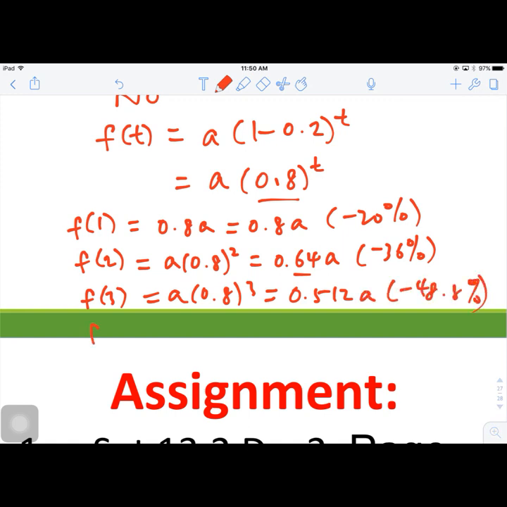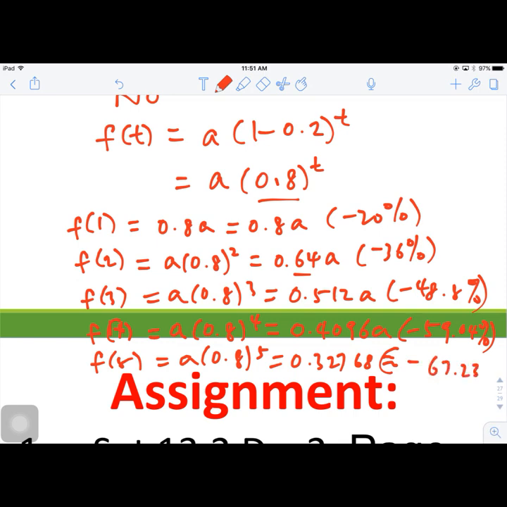And keep going, f of 4 is going to give you a times 0.8 to the fourth, which means 0.4096a, or you're losing 59.04%. And in year 5, you will actually be losing about 67.232%. So it is not losing the entire 100% as Miguel claims. Okay, so Miguel is wrong.